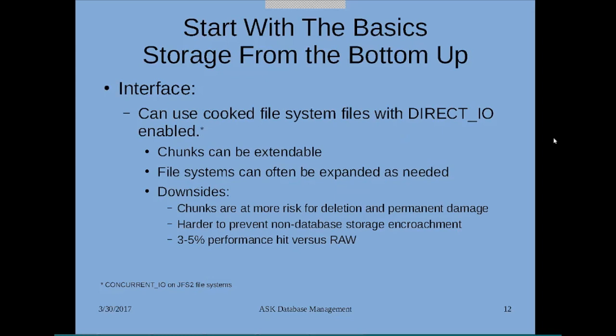So if you use up that space that you've allocated to the file system to hold your chunks, you can allocate more raw disk under the hood, and the system administrators can expand the file system into the new disk, the new LUN, the new disk space, and you can continue to extend your chunks into the new space. So that is an advantage that you don't have on raw, right? You have to always create new chunks when you need to expand things. Okay. And now with direct I/O, as I mentioned earlier, the performance difference is only about 3 to 5%, depending on the system.